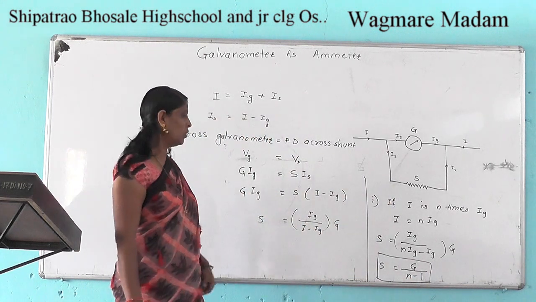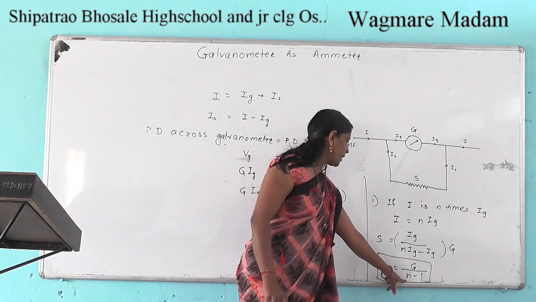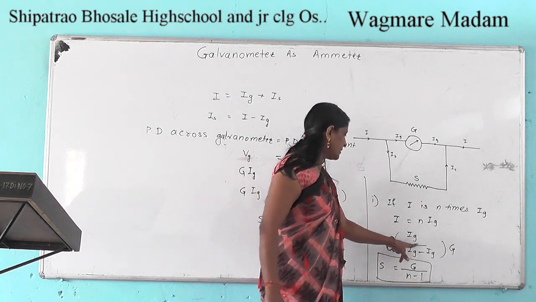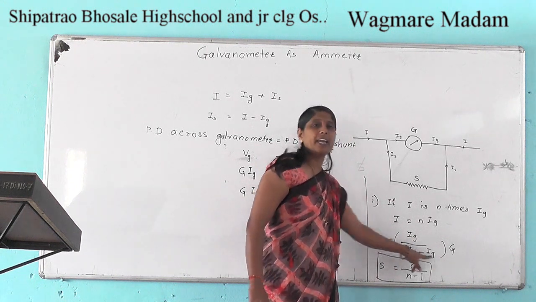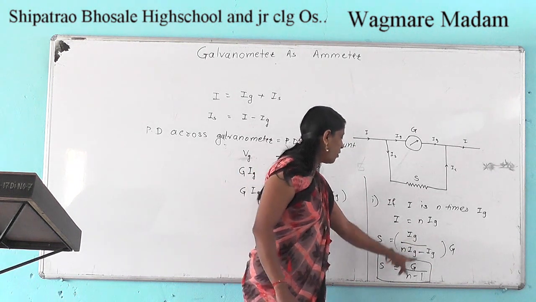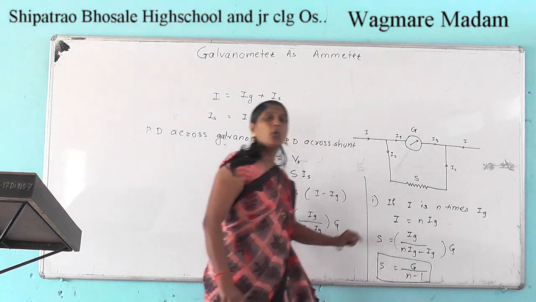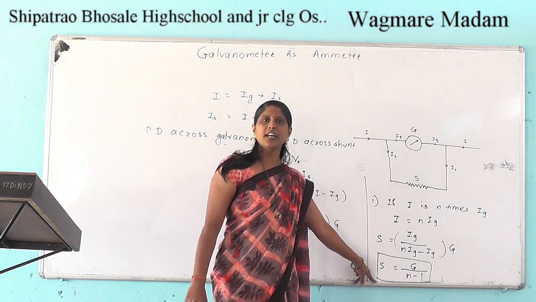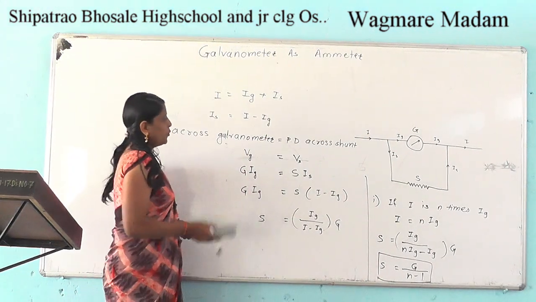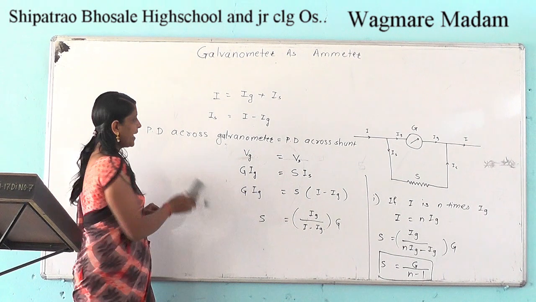S is equal to G upon N minus 1. This Ig we take outside, then this Ig will be cancelled, and therefore G upon N minus 1. This equation gives the required value of the shunt. Okay, then we will discuss the second case.